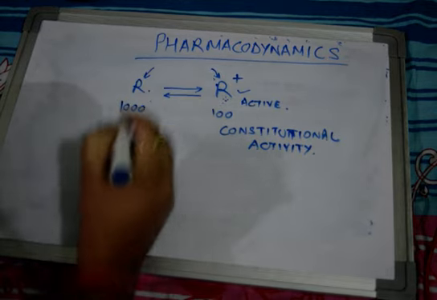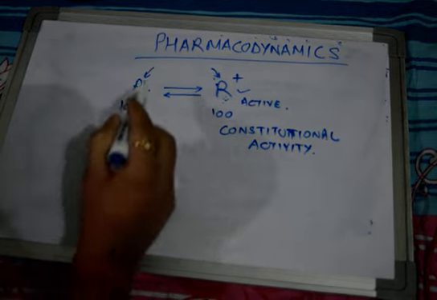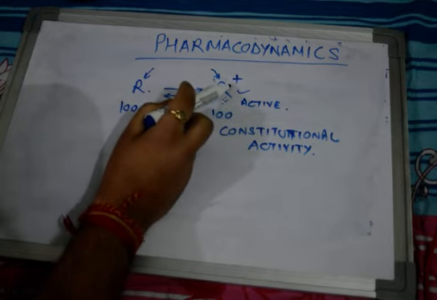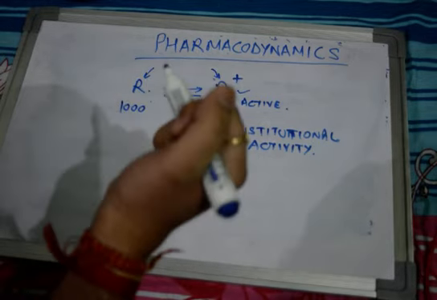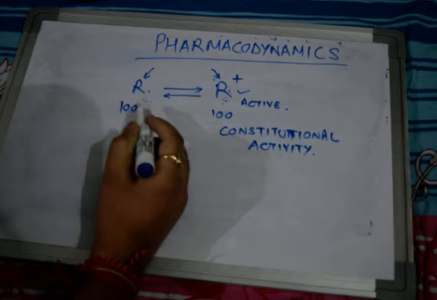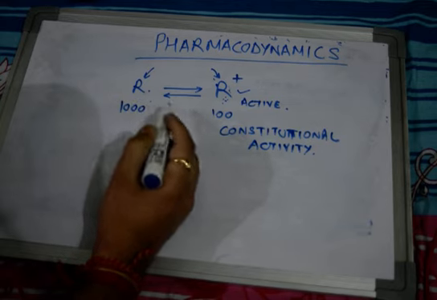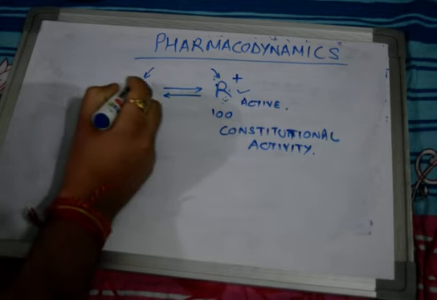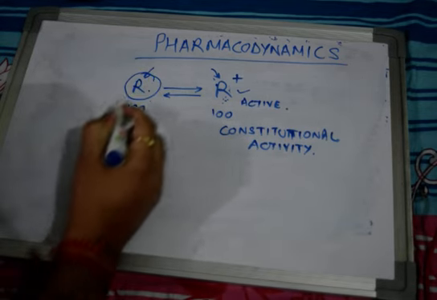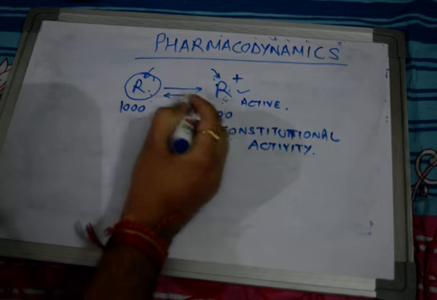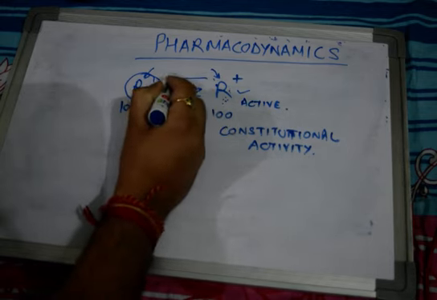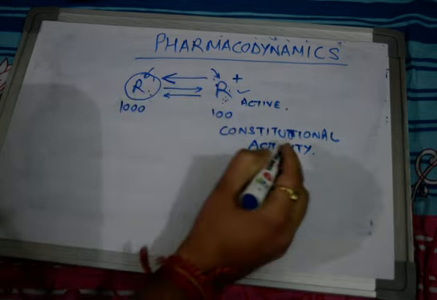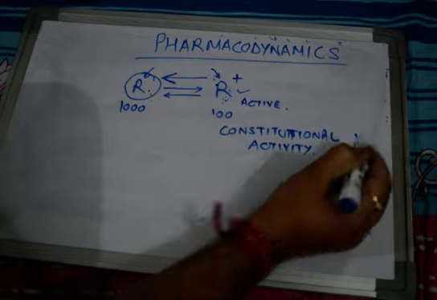Then third is the partial agonist. A partial agonist will bind to this active state, but not as avidly as is seen with the normal agonist. And coming to the inverse agonist, it will bind more to the closed state. So it will bring this equilibrium towards this side, and this constitutive activity will go down.